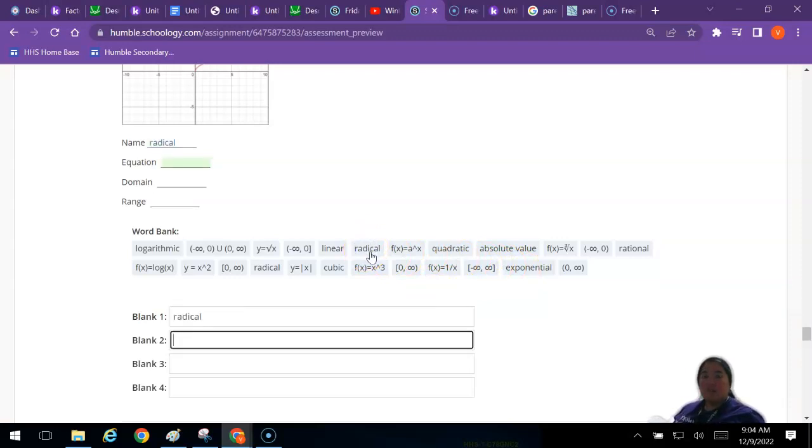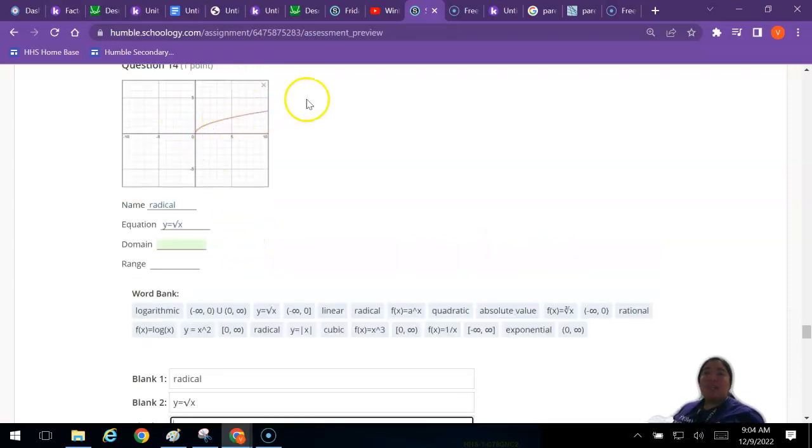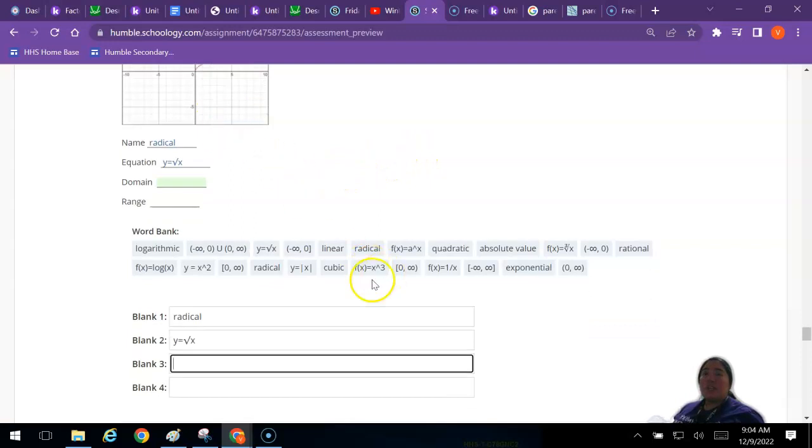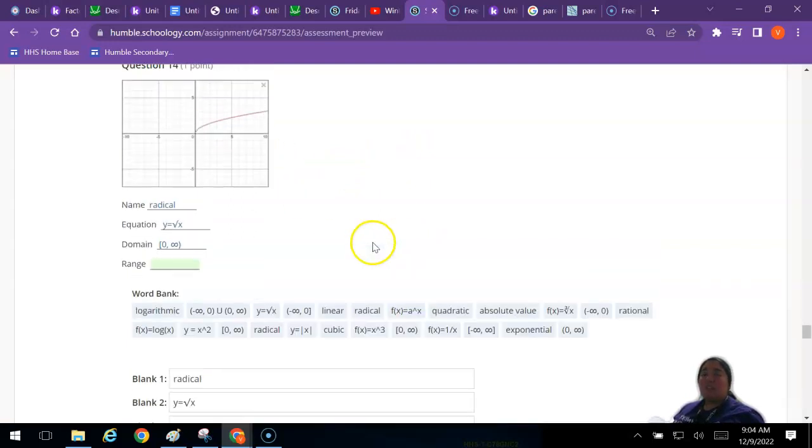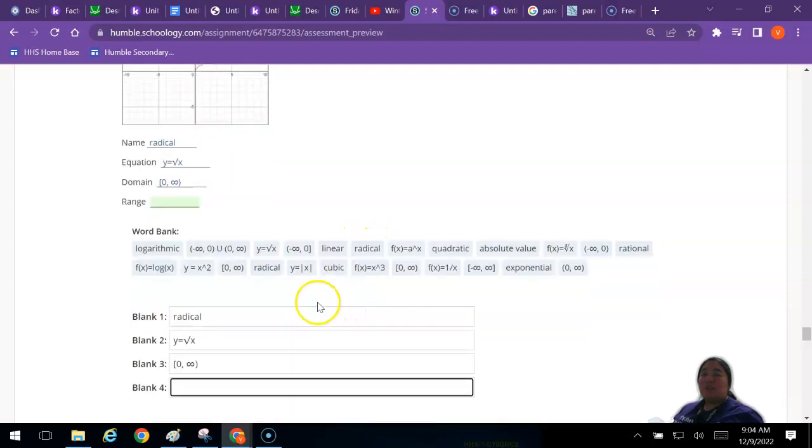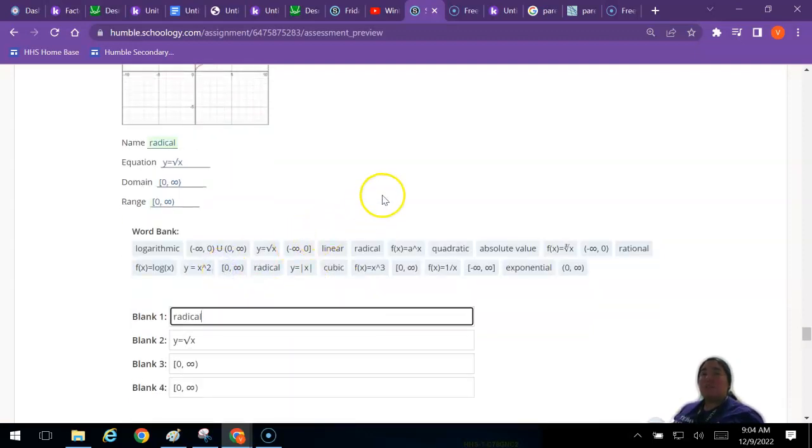Okay, radical. And you see the square root. And then the domain, is it all x's? Do I use all of this graph, left to right? No. I start from what x and I end where? 0 to infinity. And what about for y's? Same thing. Good. Okay.